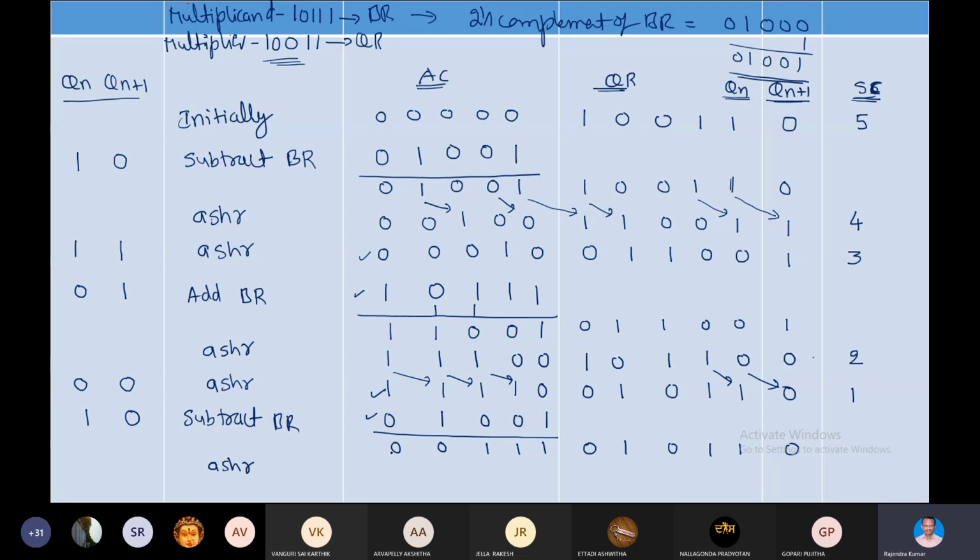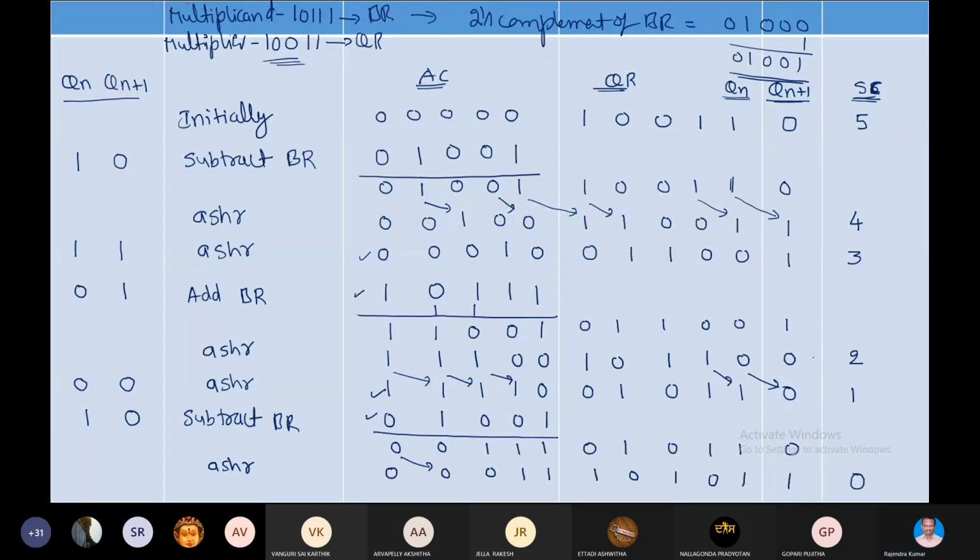Because MSB is equal to 0, the new MSB is also 0. Okay, so 0 0 1 1 1 0 1 0 1 1. So now sequence counter becomes 0.